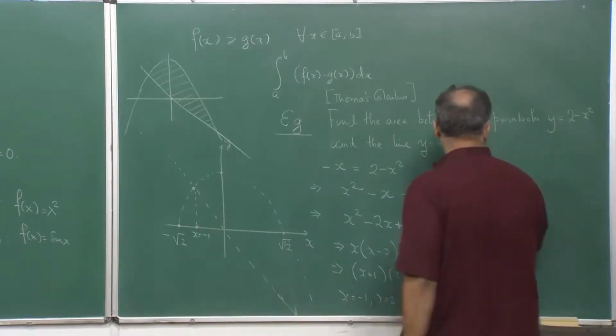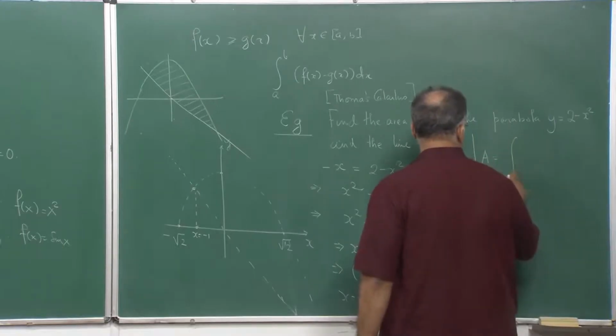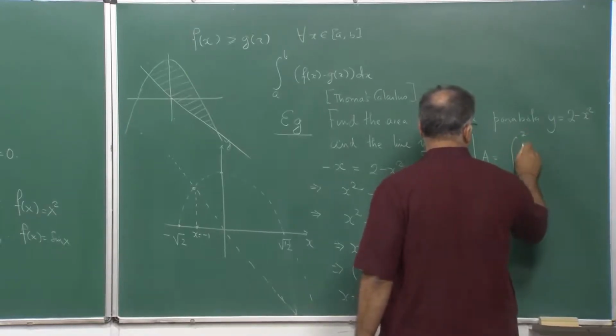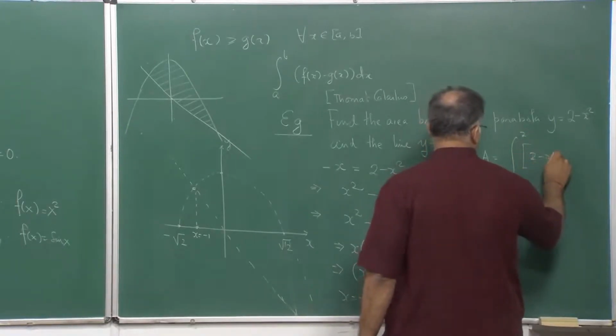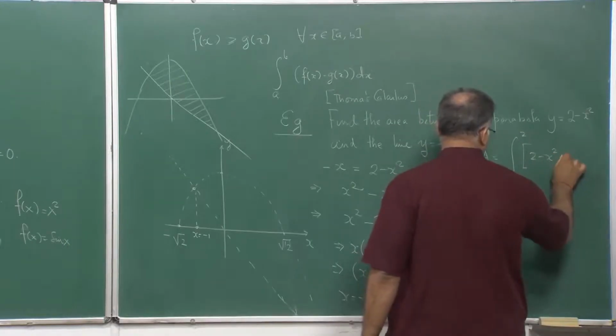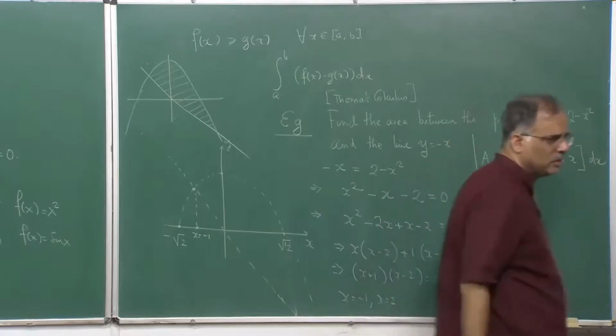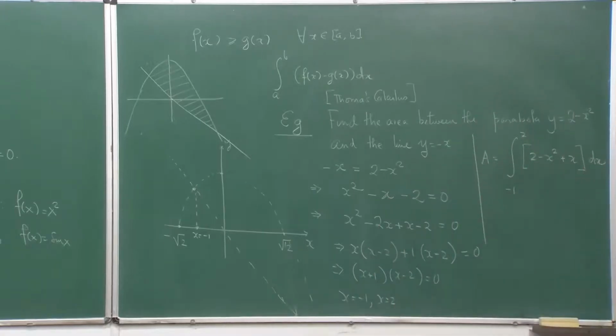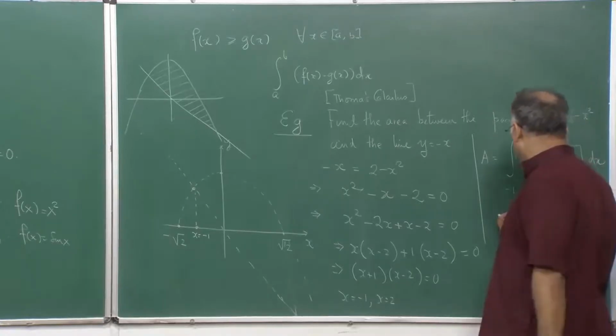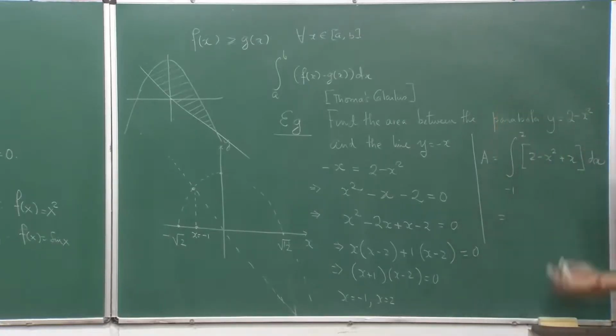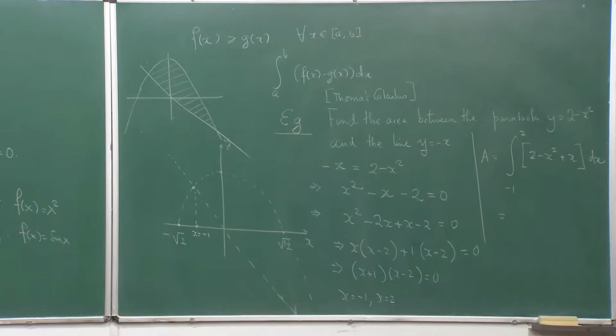So, the area A is integral from minus 1 to 2, 2 minus x square minus minus x, is plus x dx. So, that is the range. So, now if you integrate out, I am not going to integrate out, I would rather ask you to check the answer, it is 9 by 2.